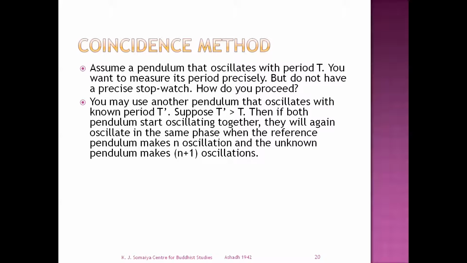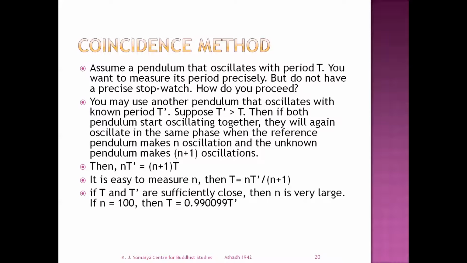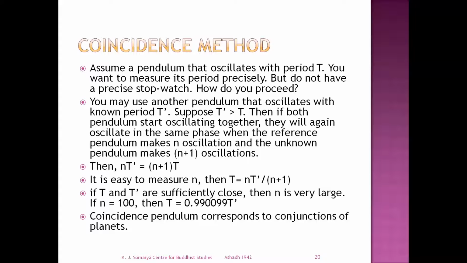In the modern history of science, people have used this for 4, 5, 6 decimal places precision to measure the period of pendulums. How does it become useful? I have just given numbers here that you may be able to precisely measure up to 5 decimal places, 6 decimal places using the coincidence method. The coincidence of pendulums corresponds to conjunction of planets.